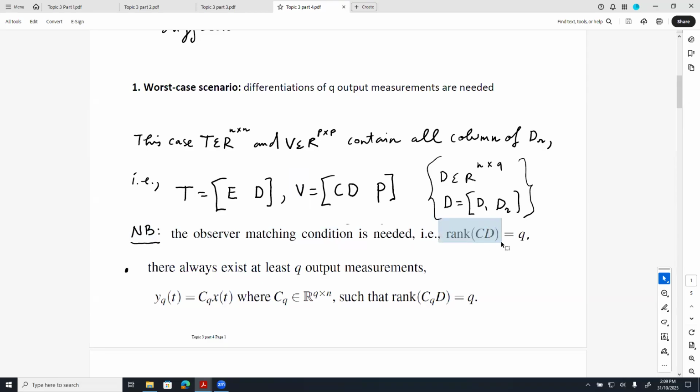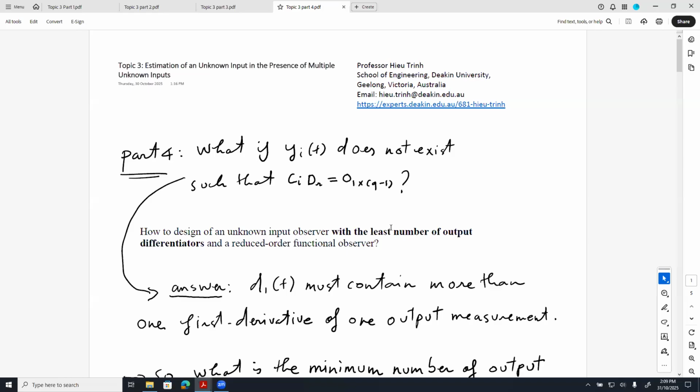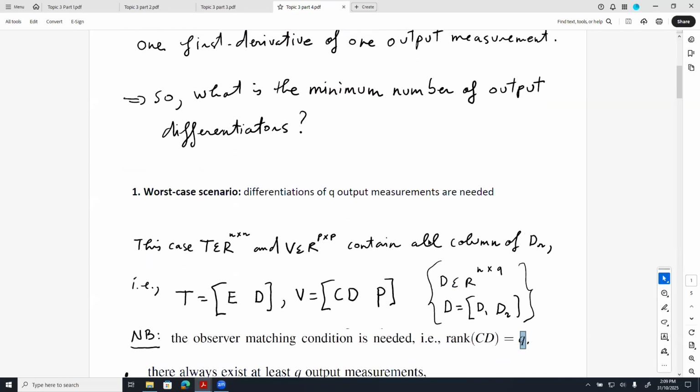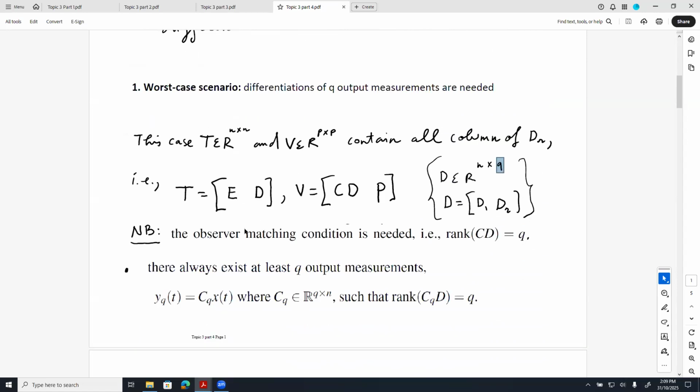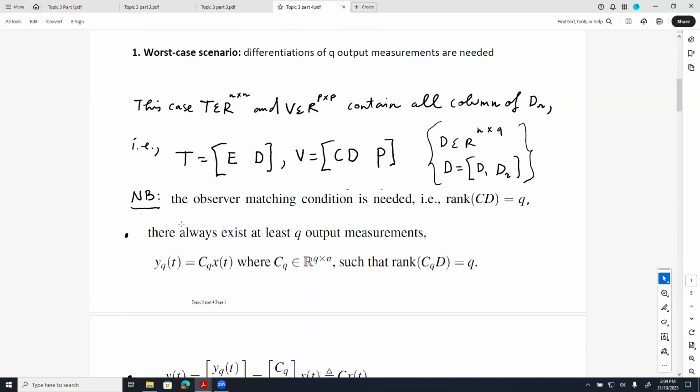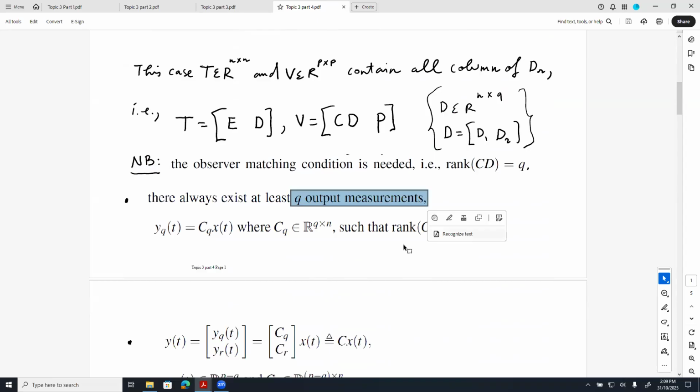So in other words, the rank of CD must be equal to Q, where Q is the number of unknown inputs. Okay. If that assumption is true, then we know that there always exist at least Q output measurements such that this condition holds true.